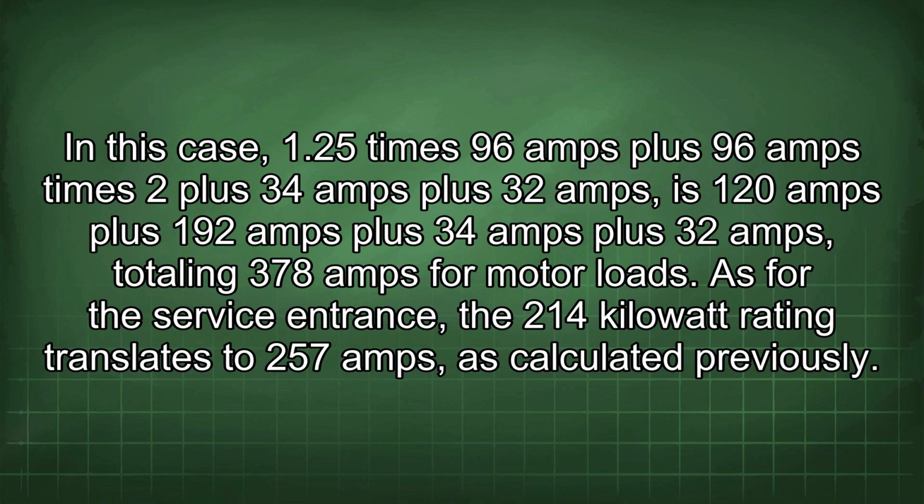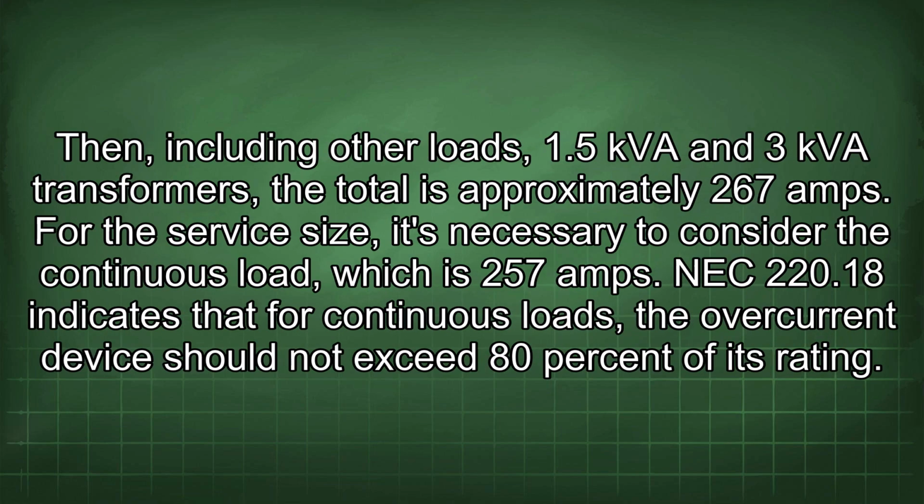As for the service entrance, the 214 kilowatt rating translates to 257 amps as calculated previously. Then, including other loads, 1.5 kVA and 3 kVA transformers, the total is approximately 267 amps. For the service size, it's necessary to consider the continuous load, which is 257 amps.